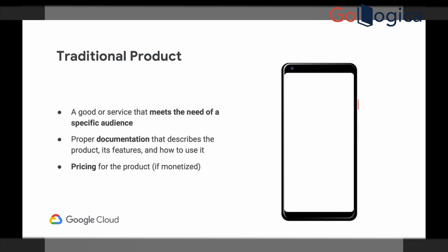A lot of things come alongside that. And obviously, most of the time, unless it is a gift, you have to pay for the product. That is the traditional product definition.